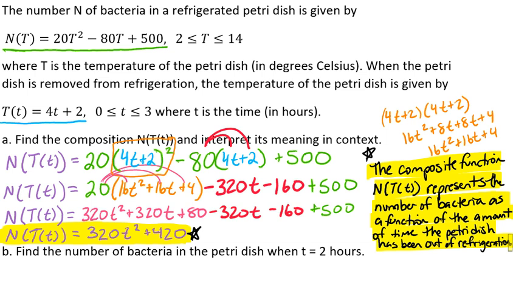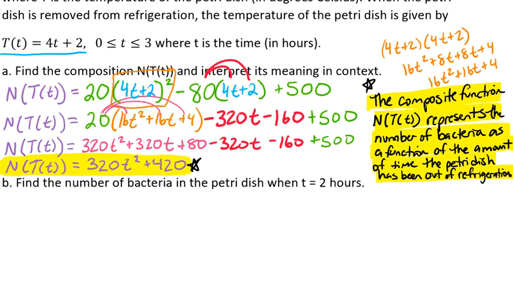We're now being asked to find the number of bacteria in the petri dish when little t equals 2 hours. So it's been out of the fridge for 2 hours. We are simply going to take our N(t), and instead of a t, we're going to plug in the number 2.